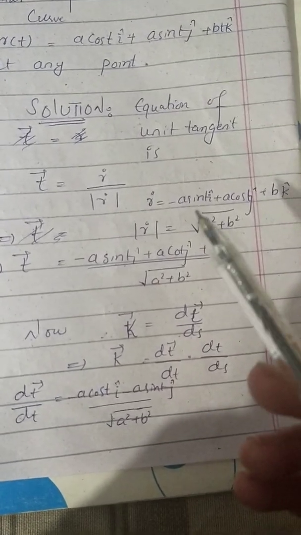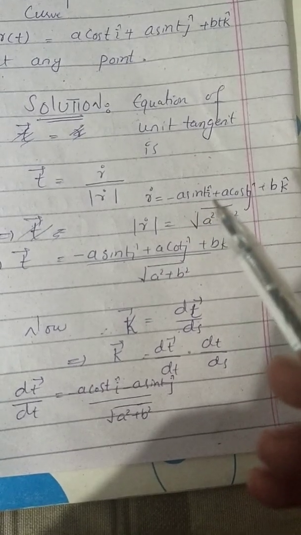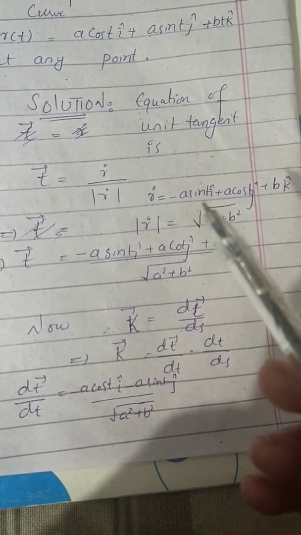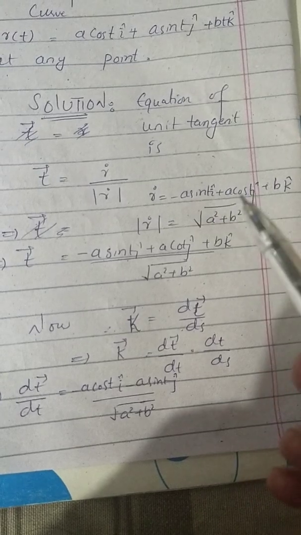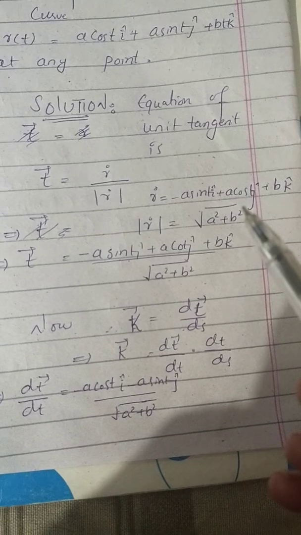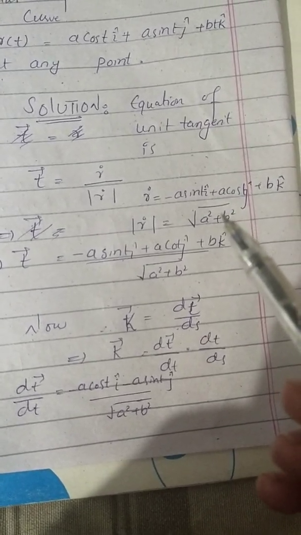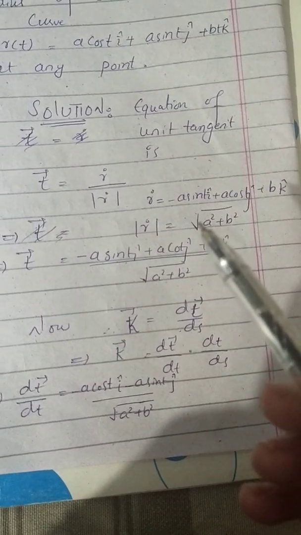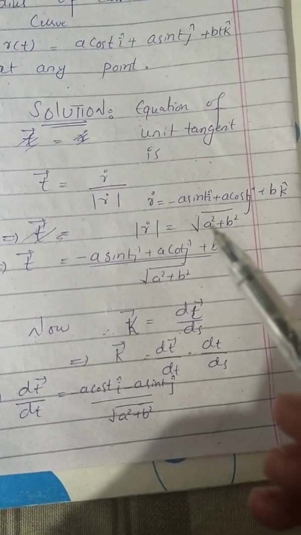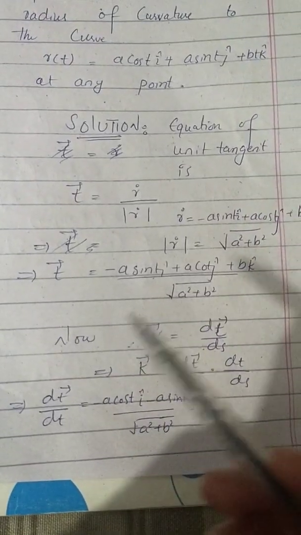So here we take a square common from these two, and it will remain a squared (sin squared t plus cos squared t) plus b squared. Here the i, j, k components only show direction, so we can't take the ijk components. Now sin squared t plus cos squared t equals 1, so we will remain only the square root of a squared plus b squared.